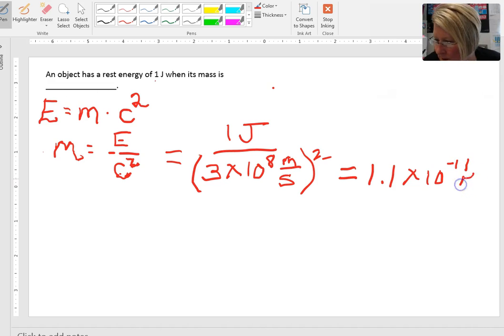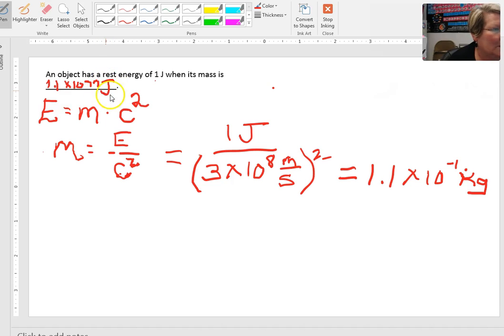And that would be kilograms for our units, since we're dealing with mass. This, of course, is kilograms, not joules. Very, very little mass, and yet it's equivalent to a lot of energy. That's Einstein's E equals mc squared.